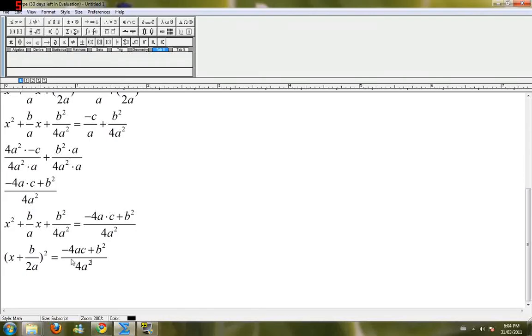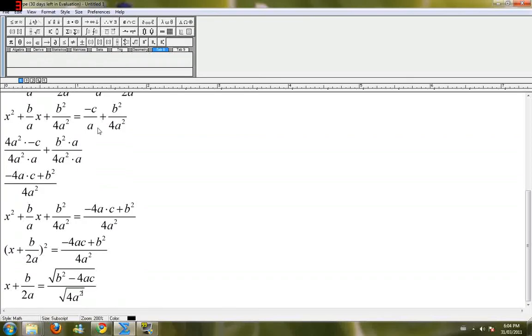What we want to do then is we want to take the square root of both sides, as we did in the example question. And we'll have x plus b over 2a is equal to the square root of b squared minus 4ac over the square root of 4a squared.